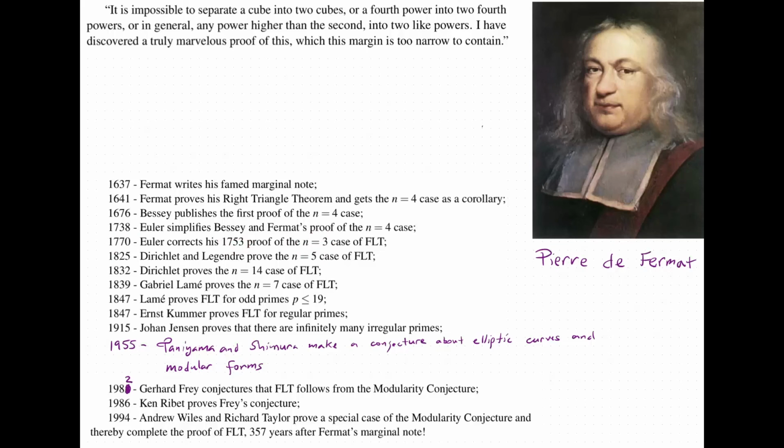It took him almost 20 years to fix his error. What I want to draw your attention to now is that as we get to 1825, it has now been almost 2 centuries since Fermat originally scribbled that note in his copy of the Arithmetica.